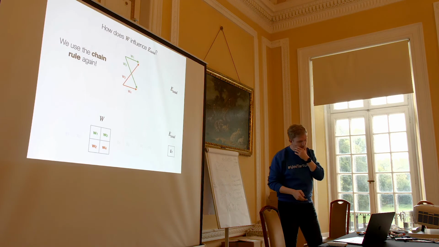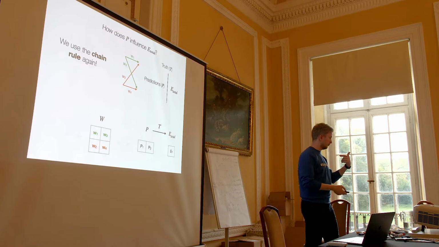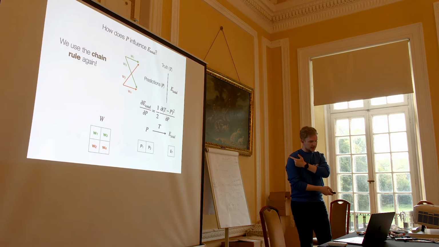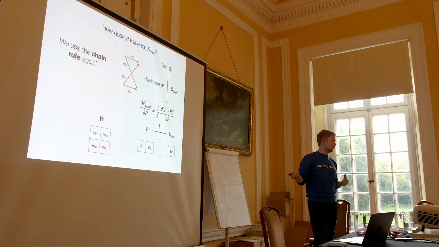Okay, cool. Now, what is my chain rule? The first thing that the total error depends on is the predictions. If I look at this in terms of matrices, my predictions are calculated exactly the same way. There's still truth minus prediction squared, and then there is this 1/2, and I still take the derivative with respect to the predictions P. This is exactly the same derivative we just calculated.